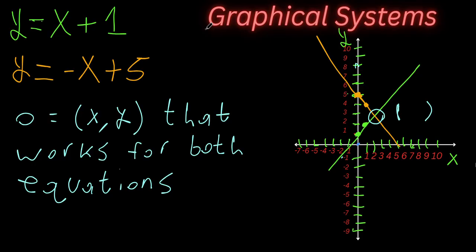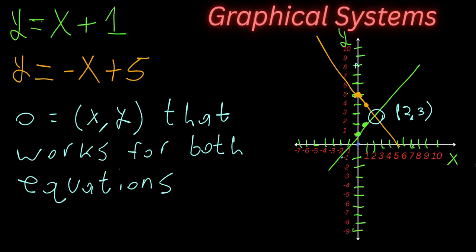So let's take a look. This point looks like it's going to be roughly, very roughly here because my graph isn't perfect, but it's going to be about 3 and 2, I believe. I believe that's going to be x value 2, y value 3.